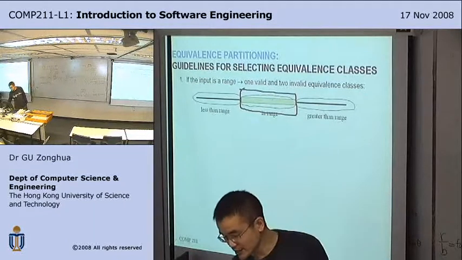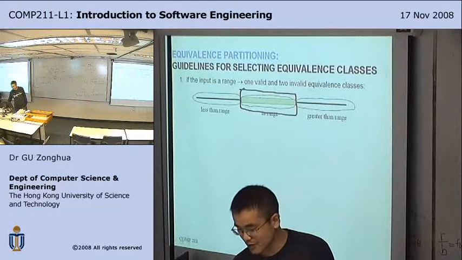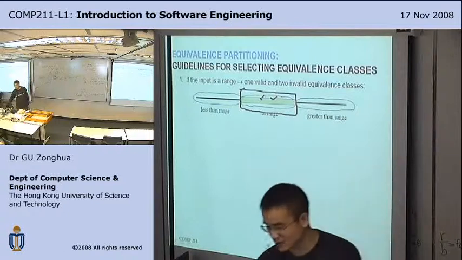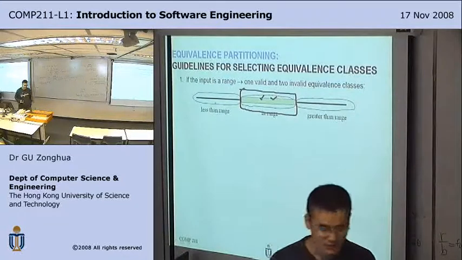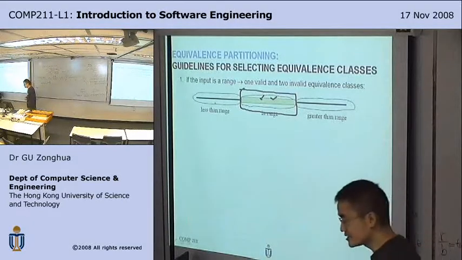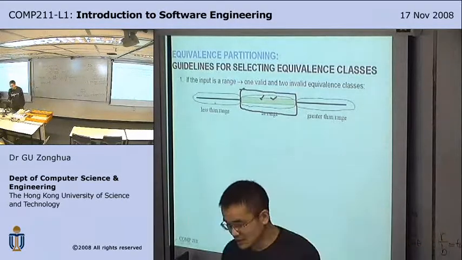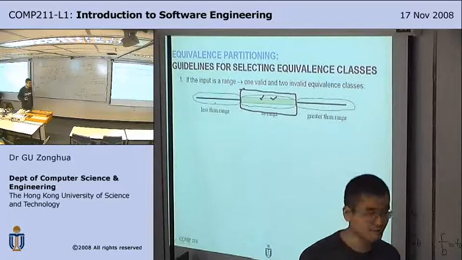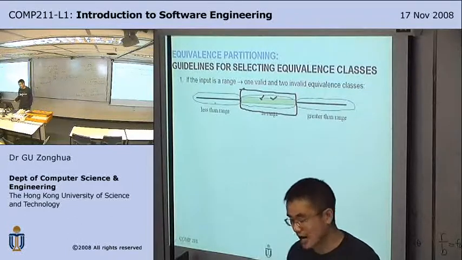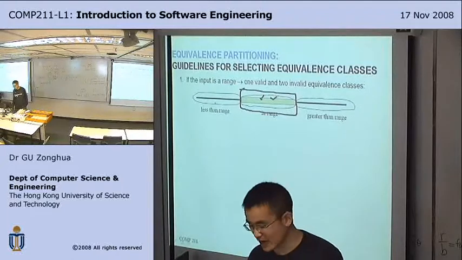So you should pick some valid values from the in-range partition, some values from the less-than range, and some values from the greater-than range, and see how the system responds. The system should respond saying that the value is out of range. That's the correct response, but it shouldn't crash or return some garbage value.